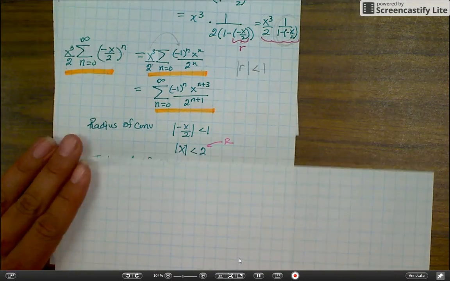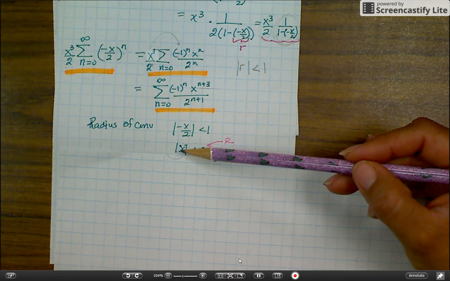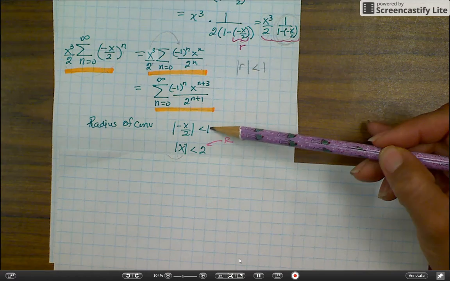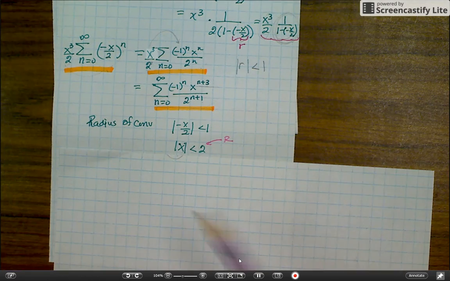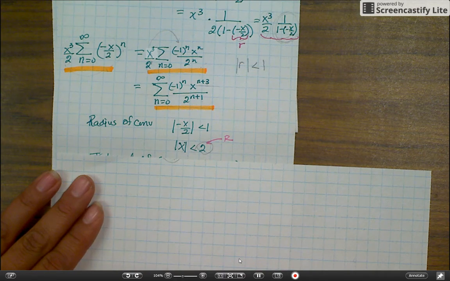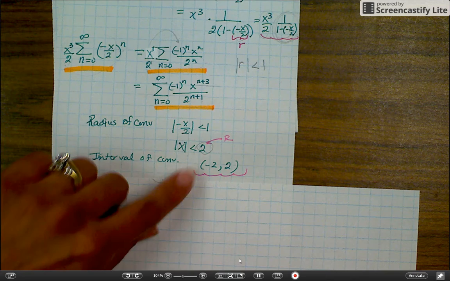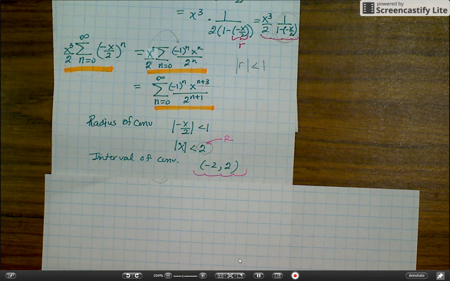So that's what we do. Now, absolute value of that is going to give us a positive, and then we will multiply out the 2. So what is our radius of convergence? It is 2. What is our interval of convergence? Negative 2 to 2. We don't have to test the endpoints since we're using an infinite geometric series.